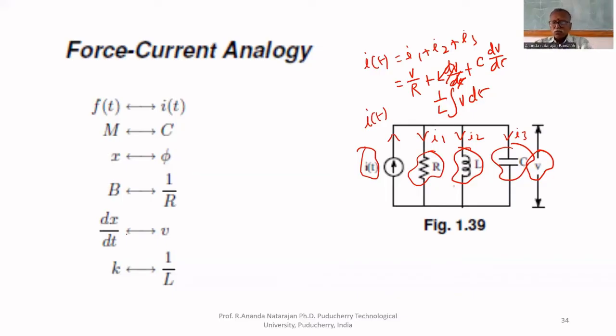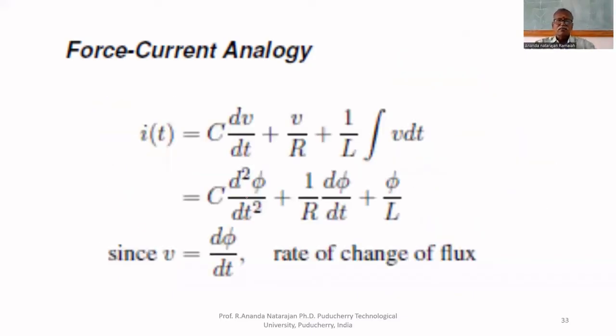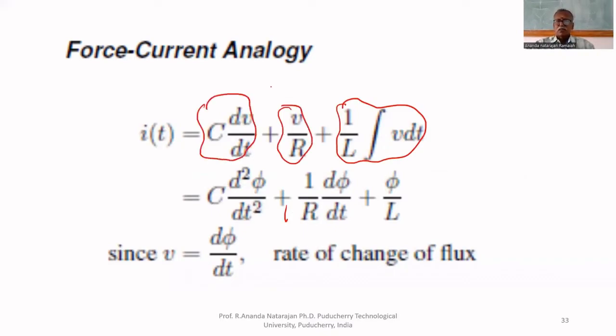So the equation is I of t equal to V by R plus 1 upon L integral of V dt plus C dV by dt. This one is I1, I2 and I3. Total current is I, always the same for a current source.